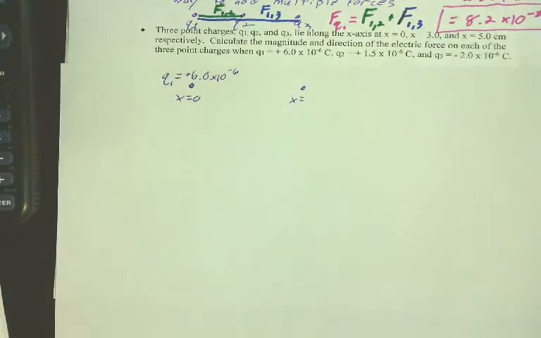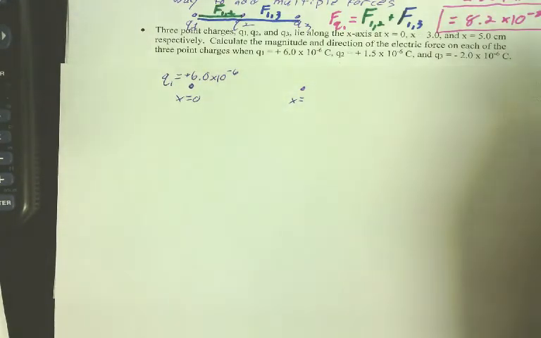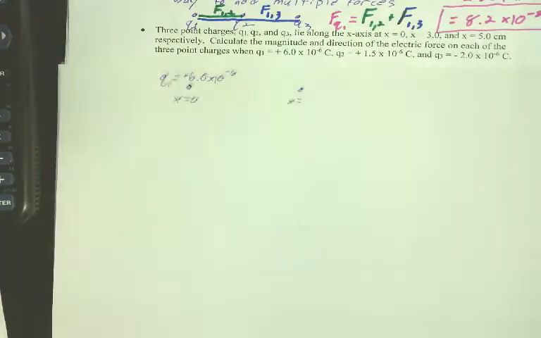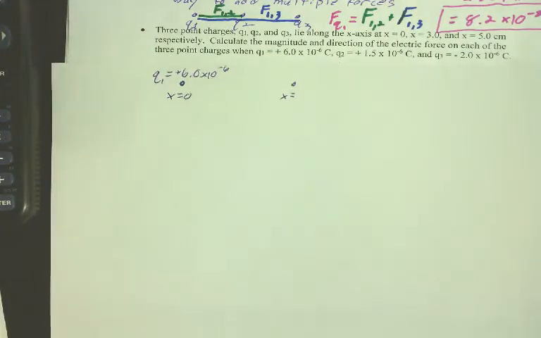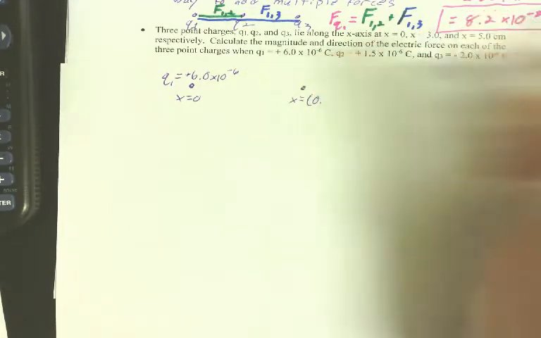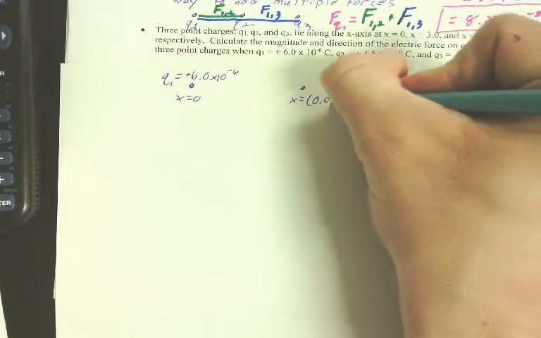We are going to need them to be in meters, unfortunately. I'm usually going to give them to you. In fact, in the problem, I think I gave them to you in meters. So I'll just go ahead and put them in meters for you here. This would be 0.03 meters.